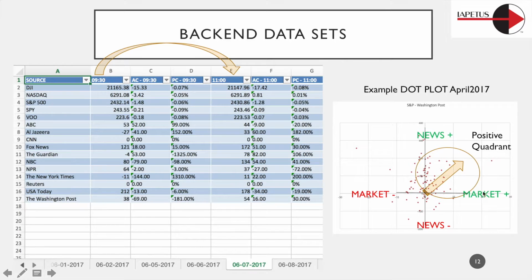What we're looking at here is this quadrant, the positive quadrant, right? When the market is increasing, our news data is also positive, right? So this quadrant and this quadrant is where we're correlating the two, the news to the market.